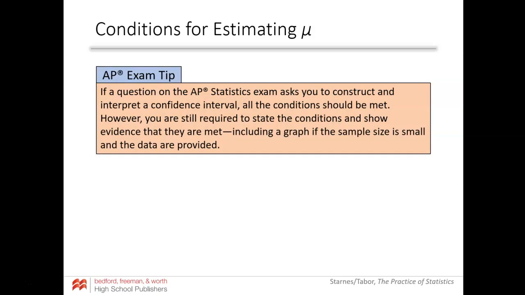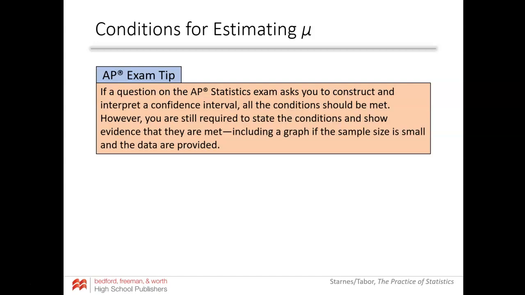All right. If the question on the AP exam asks you to construct and interpret a confidence interval, you still have to state the conditions and show evidence that they are met. I know sometimes in our homework problems they sneak a little message at the end that says all conditions have been met. Well, that's not going to happen on the free response questions. So you actually have to go through and show that they've been met, and that's kind of annoying.